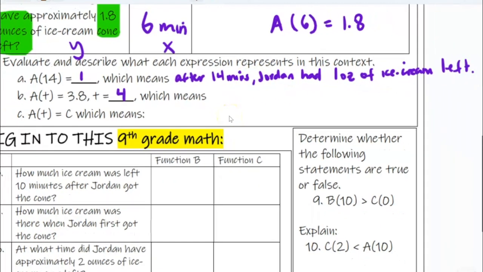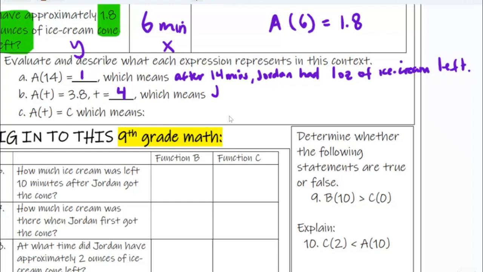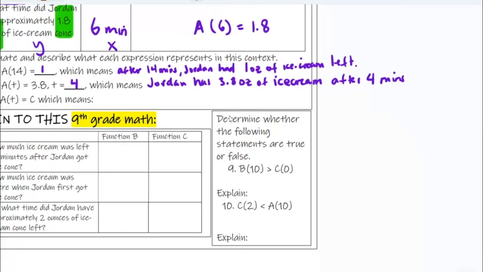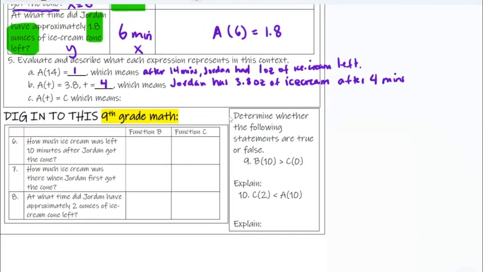I can say after 4 minutes, Jordan had 3.8 ounces of ice cream left, right? So instead of saying that, I'm going to say Jordan has 3.8 ounces of ice cream after 4 minutes. So again, just making the sentence a little bit different, but it means the exact same thing. And then finally, just in general, what does this mean?